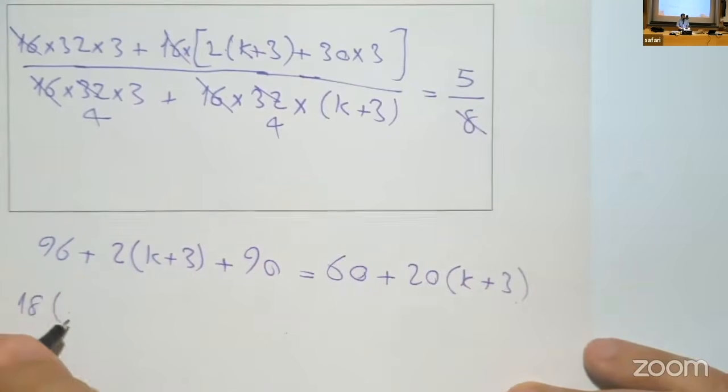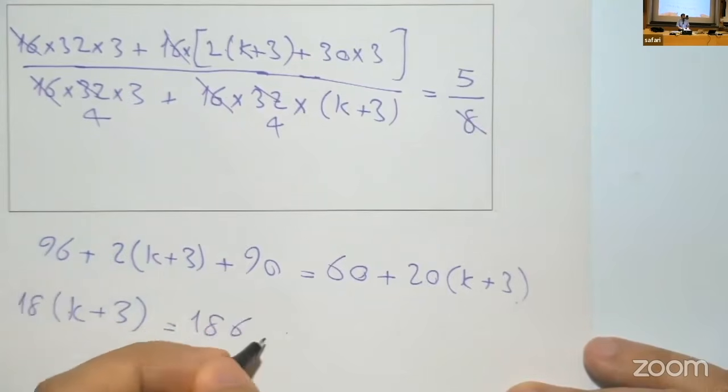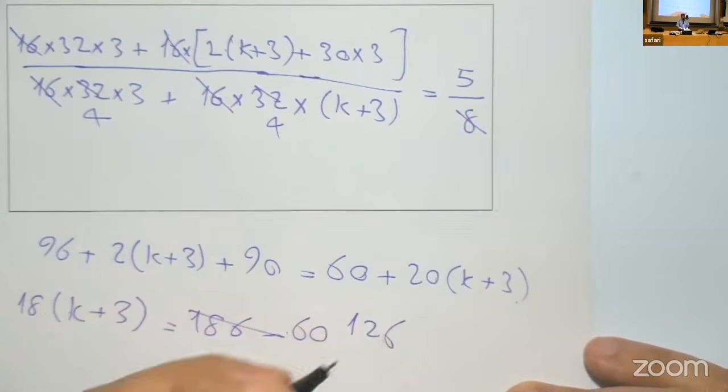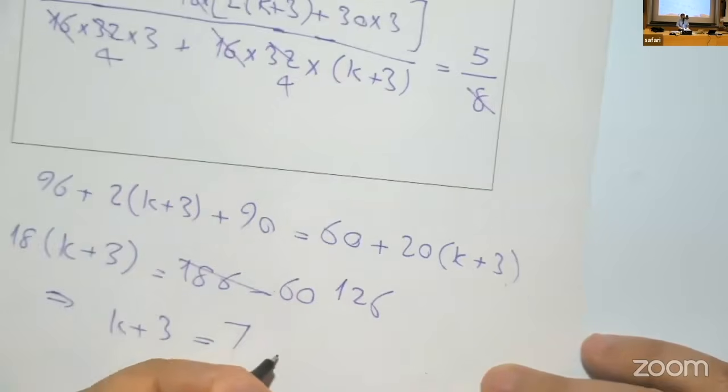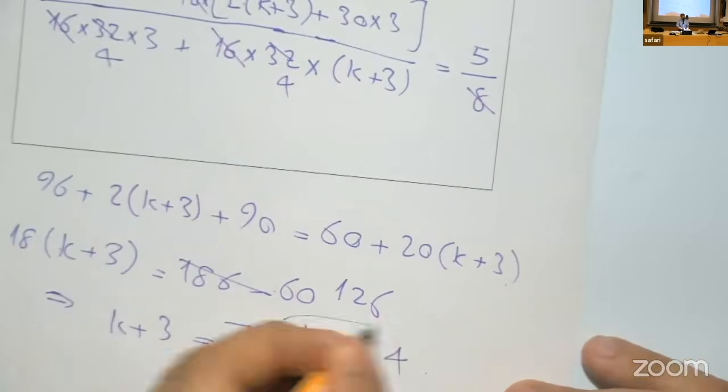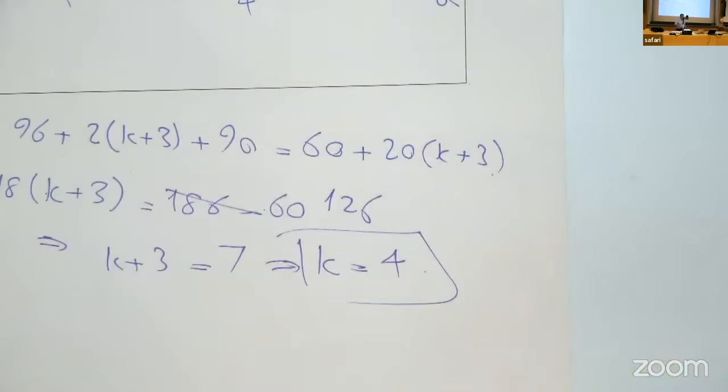Then we would have 18(k plus 3) equals minus 60, which is, so then this is 7, and then k is 4. Is it clear? Okay.